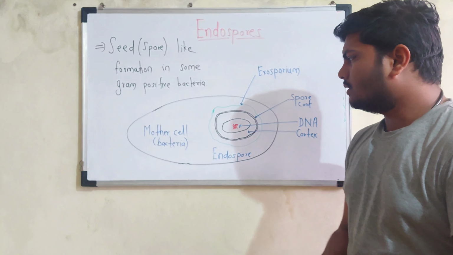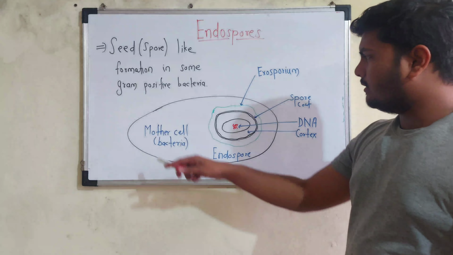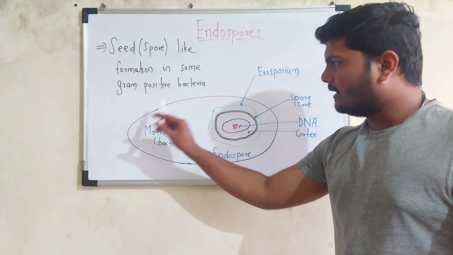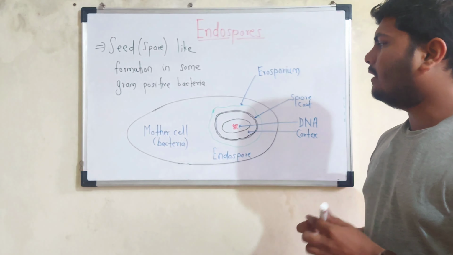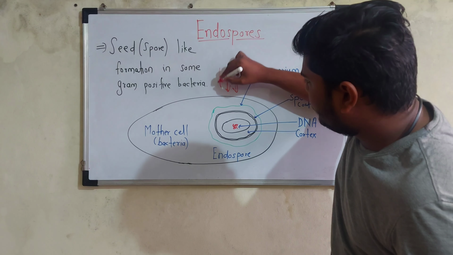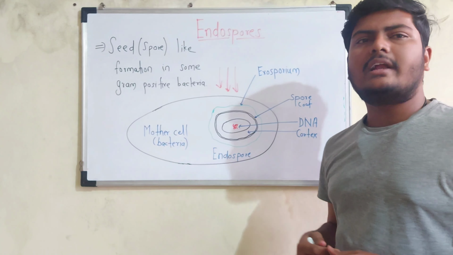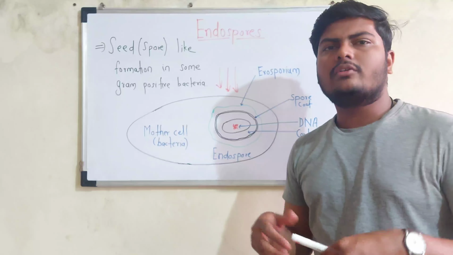This is the structure of an endospore. Let's say this is a bacterial cell, the mother bacterial cell, and we introduce a condition where the bacterial cell will die or cannot live further.